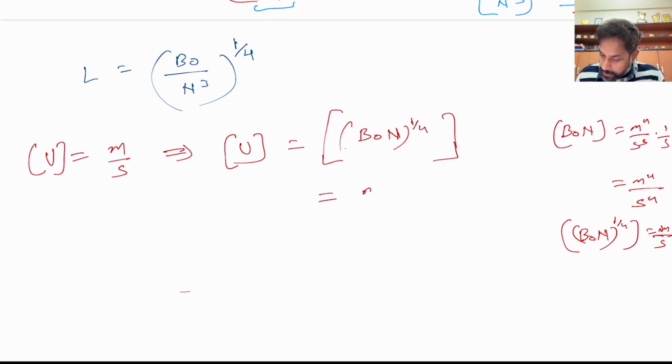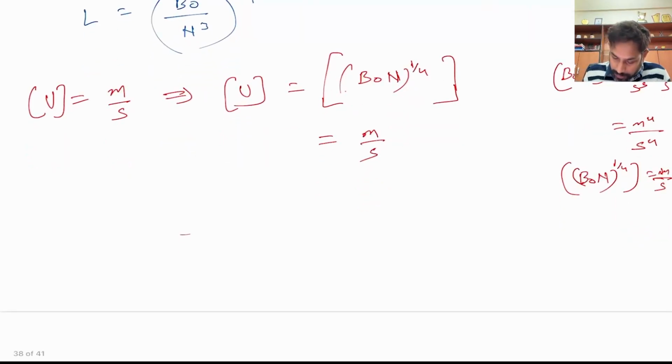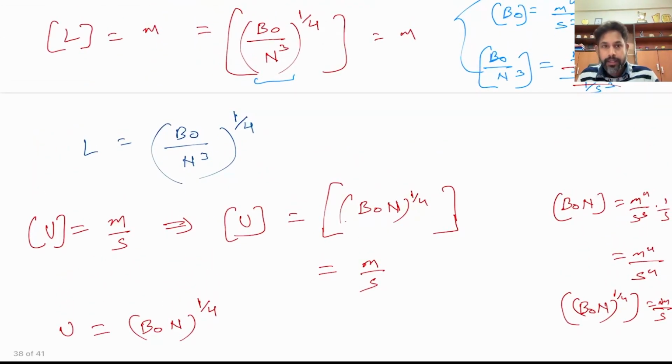So that gives us meter over second, and that is why the characteristic velocity scale is defined as b naught n to the power 1 by 4.